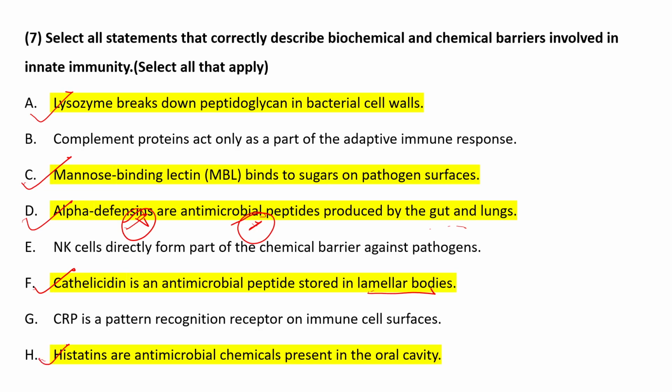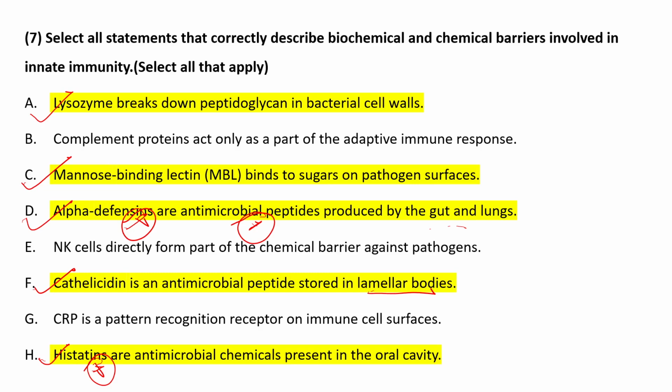Next is histatins are antimicrobial chemicals present in the oral cavity. Yes, histatins are again cationic molecules, that is positive charge containing molecules, and they also interact with negatively charged pathogens.